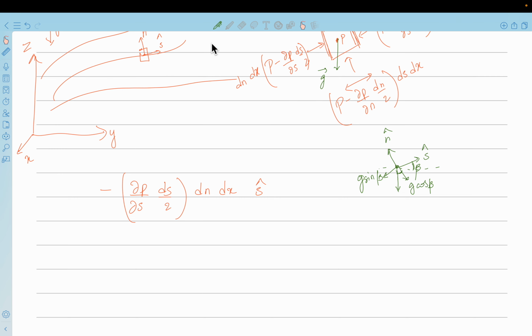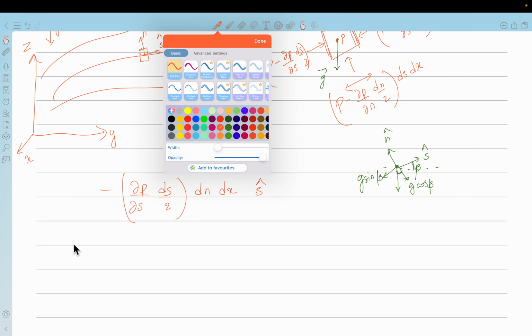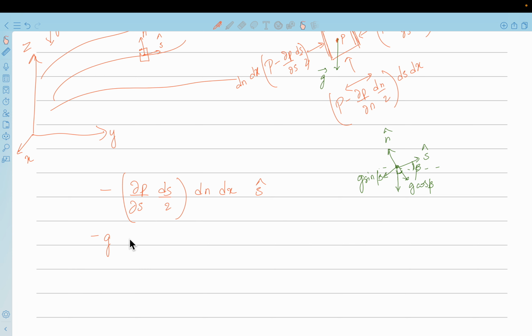So going back to the equation, now I can say minus g. This was a force, by the way, dou P by dou s, this is a force, so I also have to take rho into g, so rho into g sin beta, and this is acting on a volume. This is the gravity force which is acting on a volume, given by the elemental lengths ds, dn, dx, in the s cap direction.